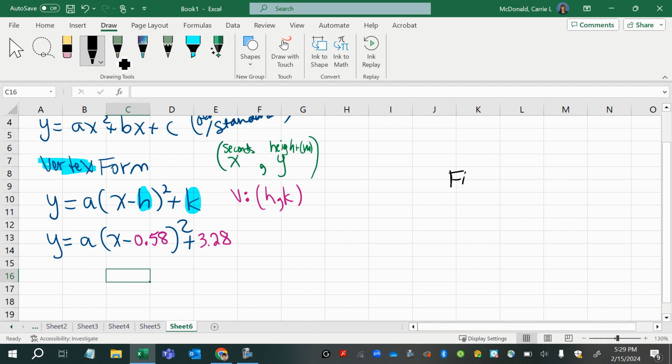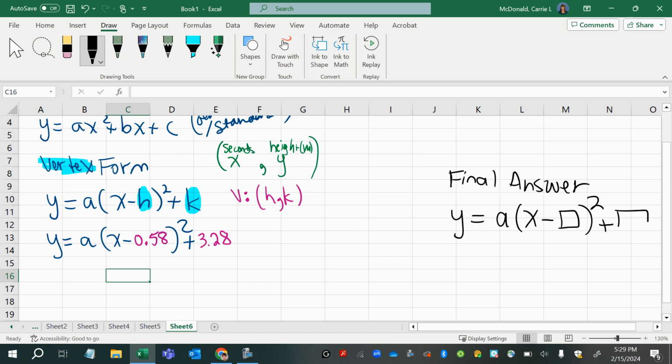Our final answer should be y equals a times x minus a number, quantity squared, plus a number, right? And we already have a lot of that down. It's just we don't know what this is yet.